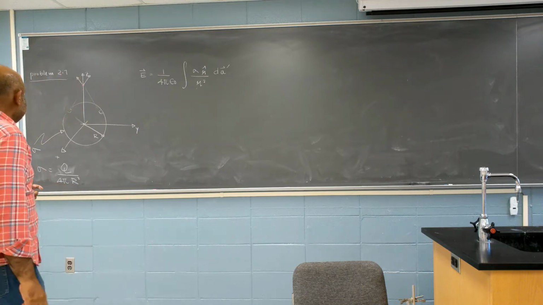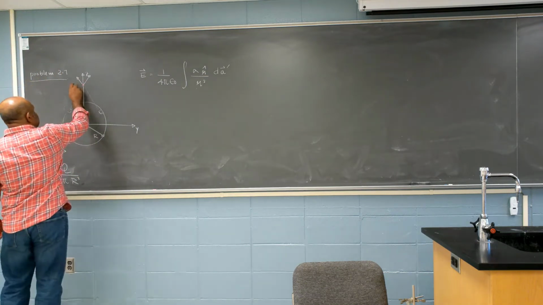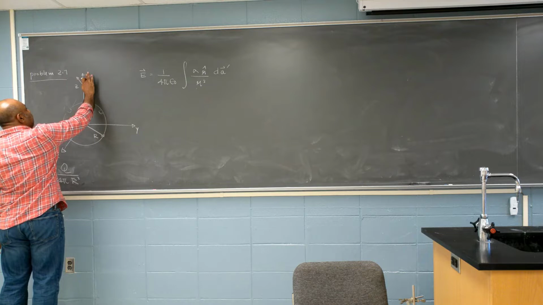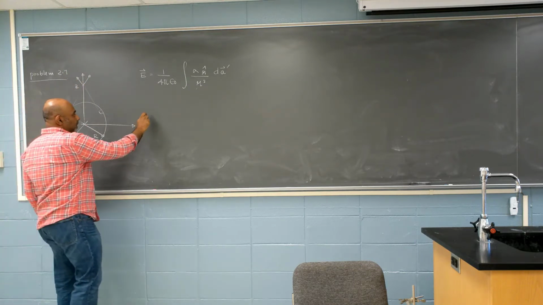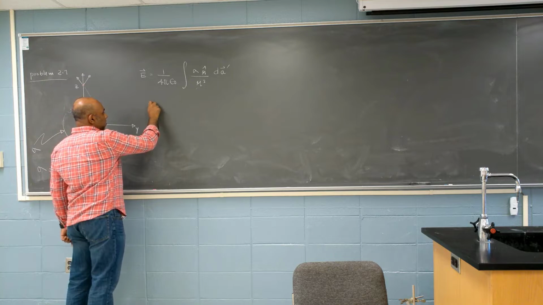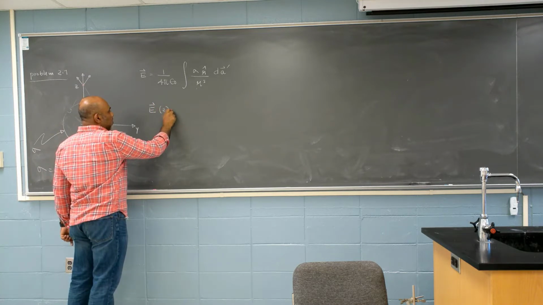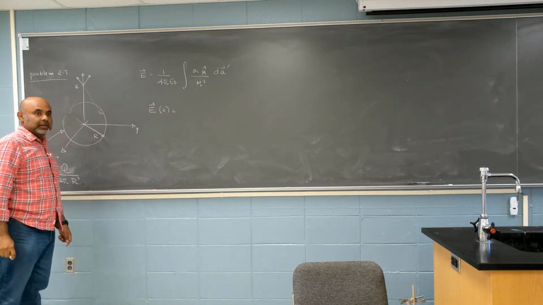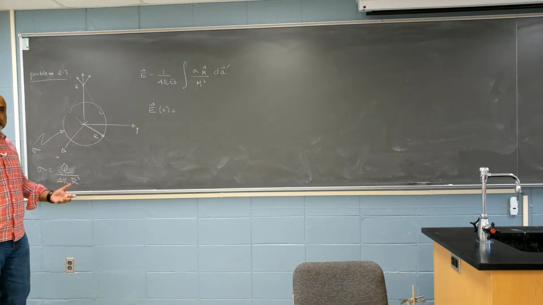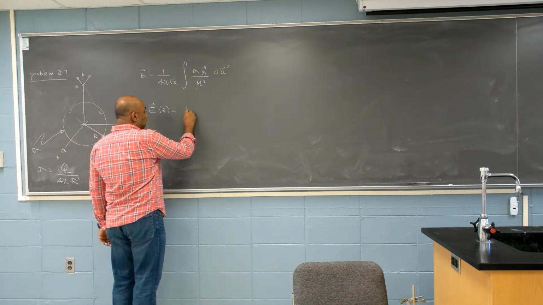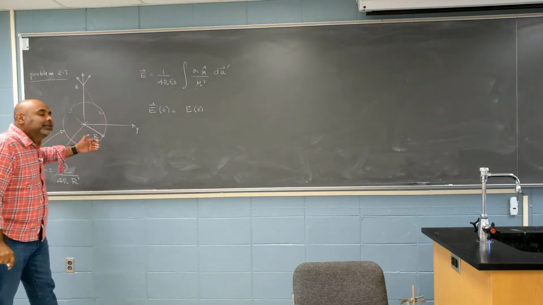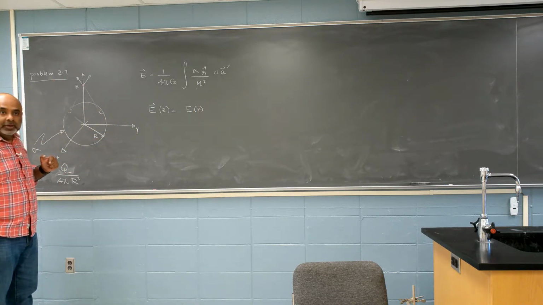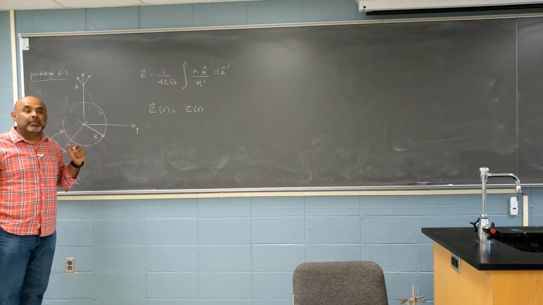So the electric field at this point, z, that's the z-axis, is going to depend, of course, on the height z, but which is the only direction it can point in?